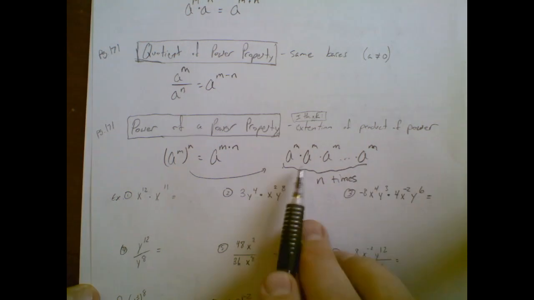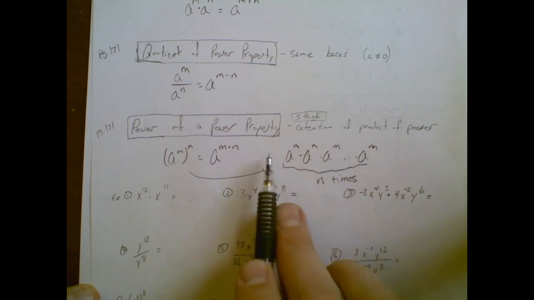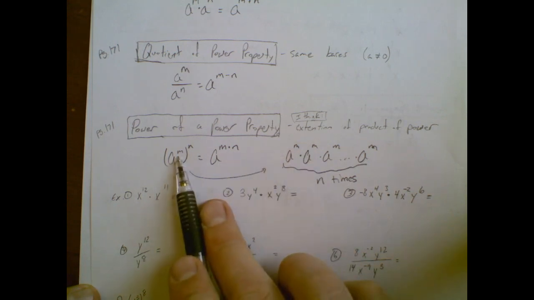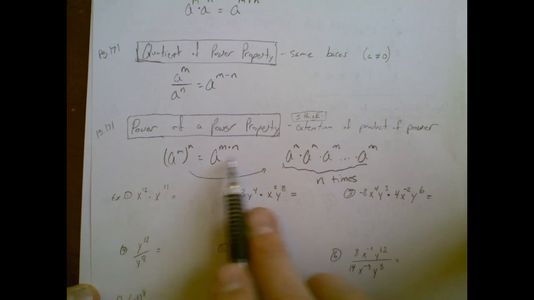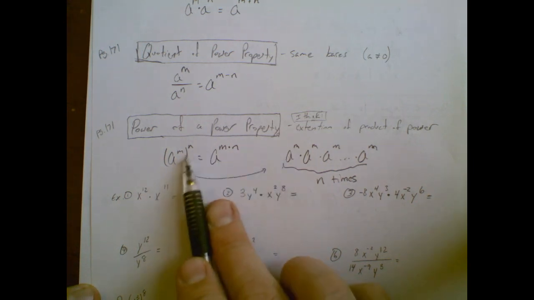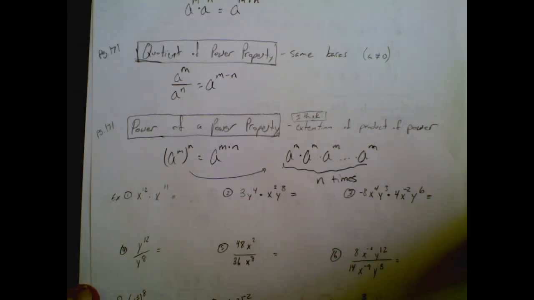And if it's written like this, this is the same as the first property, the product of powers property. So that's why I think of this as an extension of that first one, because we could just write this out so it looks like the first one. But if you don't want to do that, especially if these are bigger numbers, the shortcut is you just multiply those powers. Okay? Getting to examples.